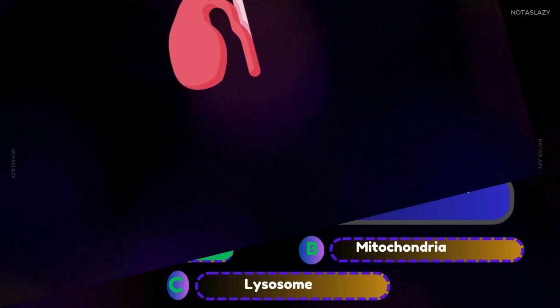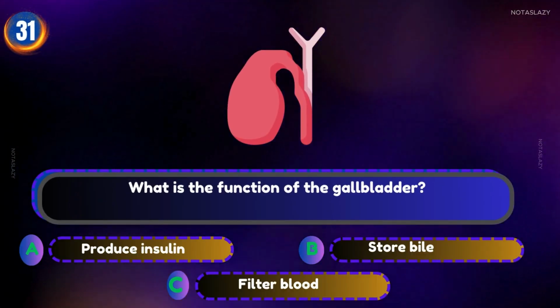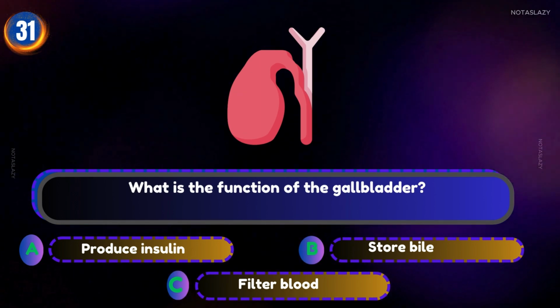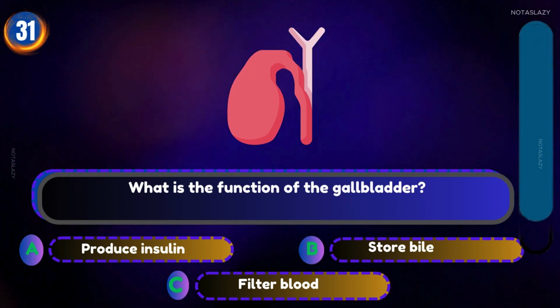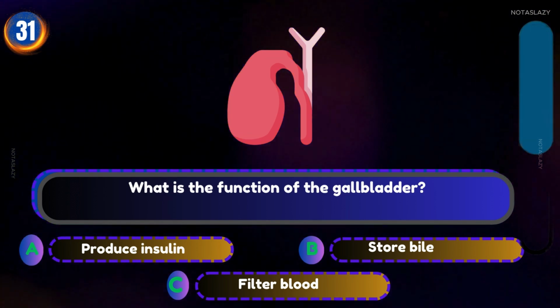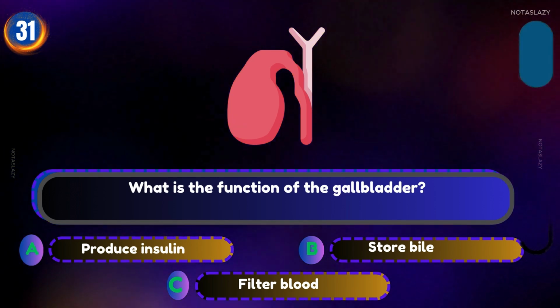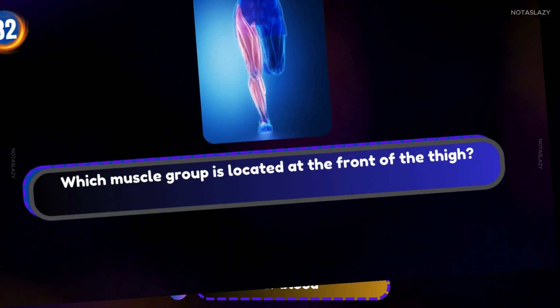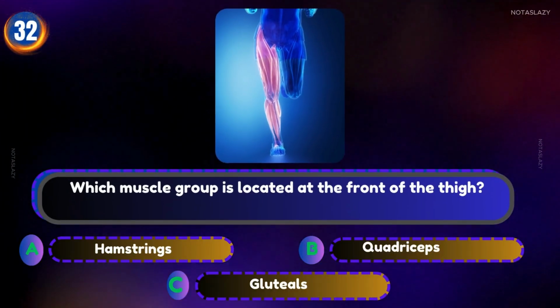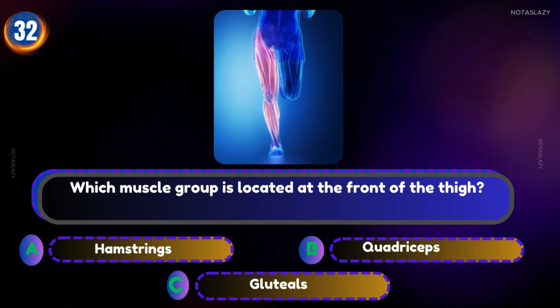Ribosome. What is the function of the gallbladder? Store bile. Which muscle group is located at the front of the thigh?